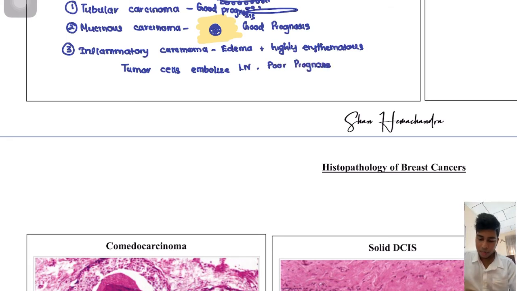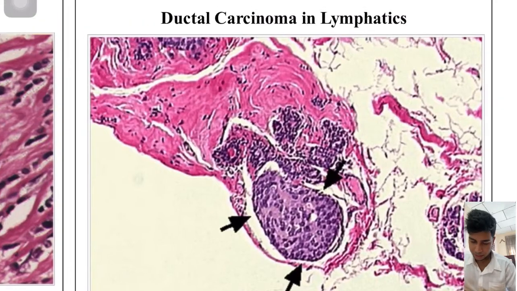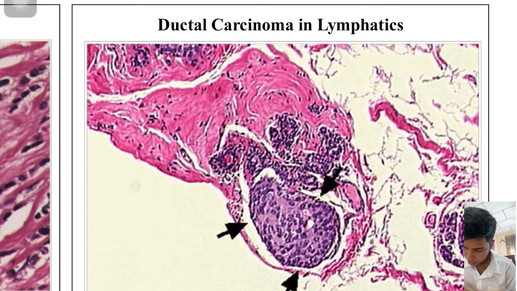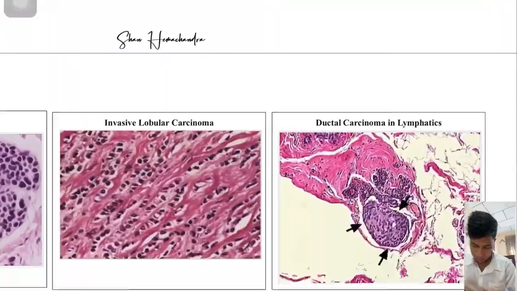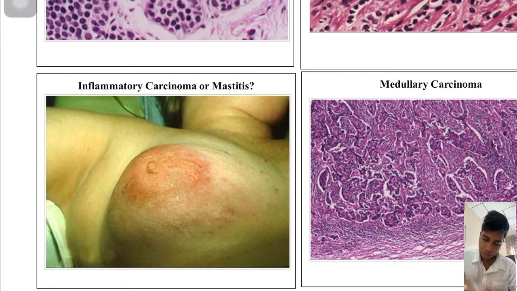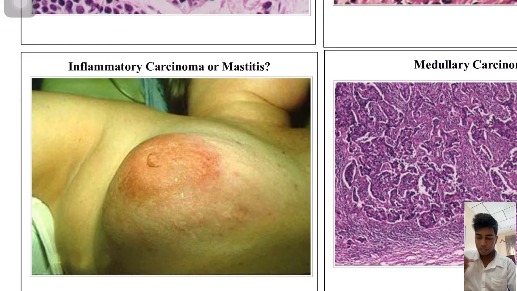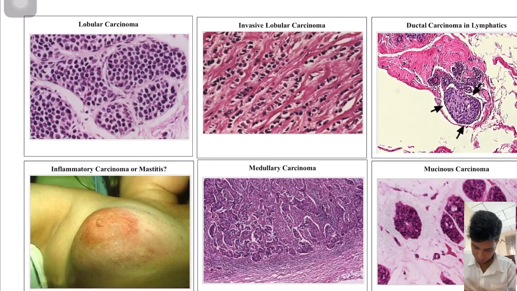These patients are highly likely to die, and I will show you an image of the tumor cells in the lymphatics. You can see these will spread to the axillary lymph nodes somewhere, but these patients have very poor prognosis. And here is an image of inflammatory carcinoma. The reason I wrote it like this is you need to differentiate between mastitis or inflammatory carcinoma, and I told you how to do that.